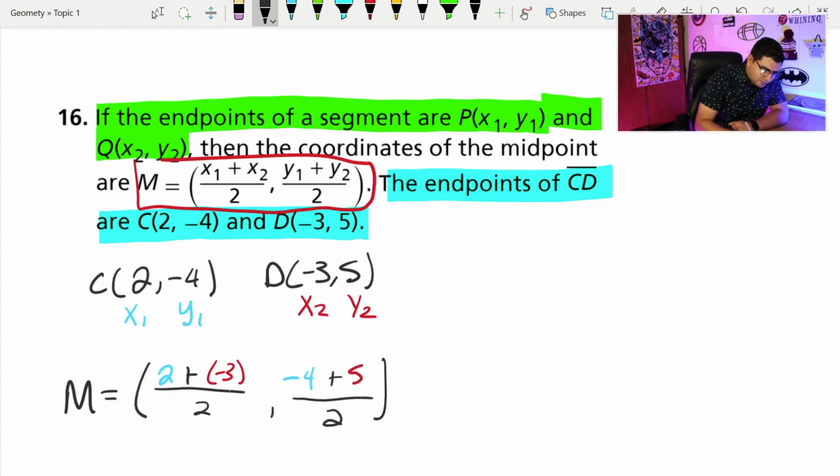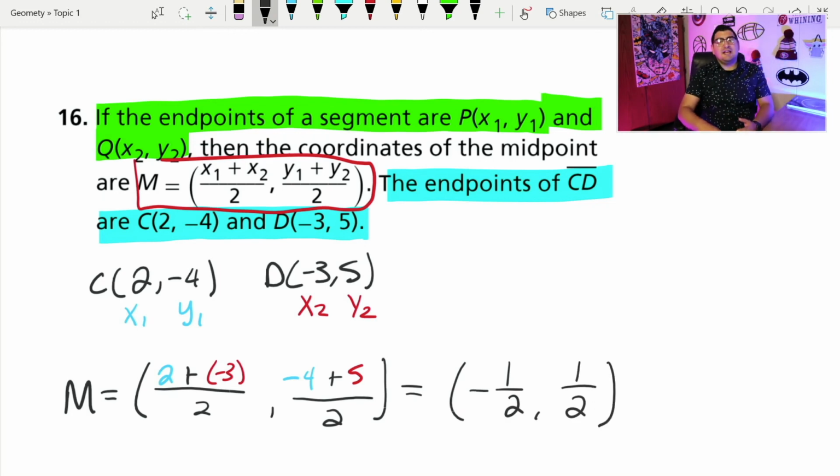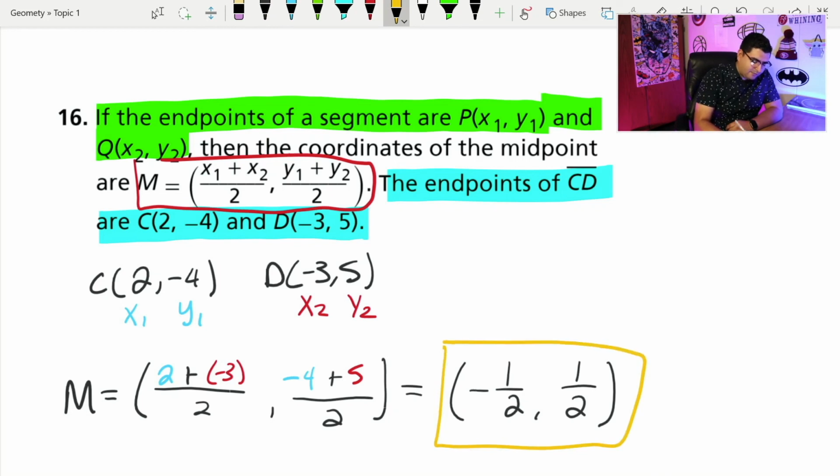If you feel like this was going too fast, you might want to check out the video on the midpoint formula. That might help you out. Adding and subtracting, we would get negative 1/2, comma, 1/2. So the law of detachment in this problem would allow me to say that the midpoint of CD is negative 1/2, comma, 1/2. And that's how we use the law of detachment.